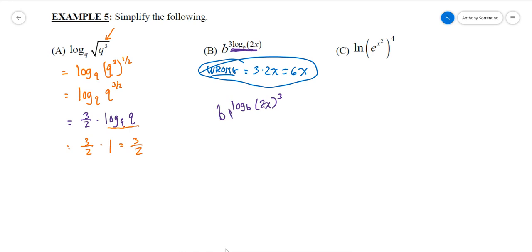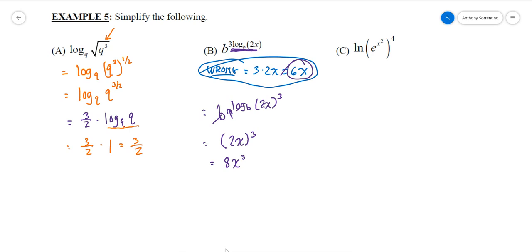Now I have nothing between these two and I get my cancellation. So I have the quantity 2x cubed, and to simplify it, I really should cube both terms in there. 2 cubed is 8, so this ends up being 8x cubed. A common wrong answer for this is 6x. I've seen a lot of students give me answers like that, but the right answer is 8x cubed.